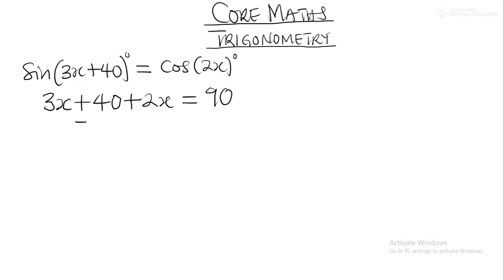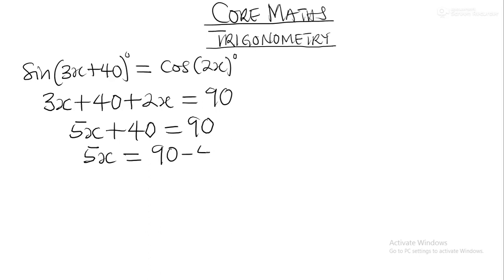So we have 5x + 40 equals 90, since 3x + 2x gives you 5x. So you now have 5x equals 90 minus 40. Then 5x will be equal to 50.